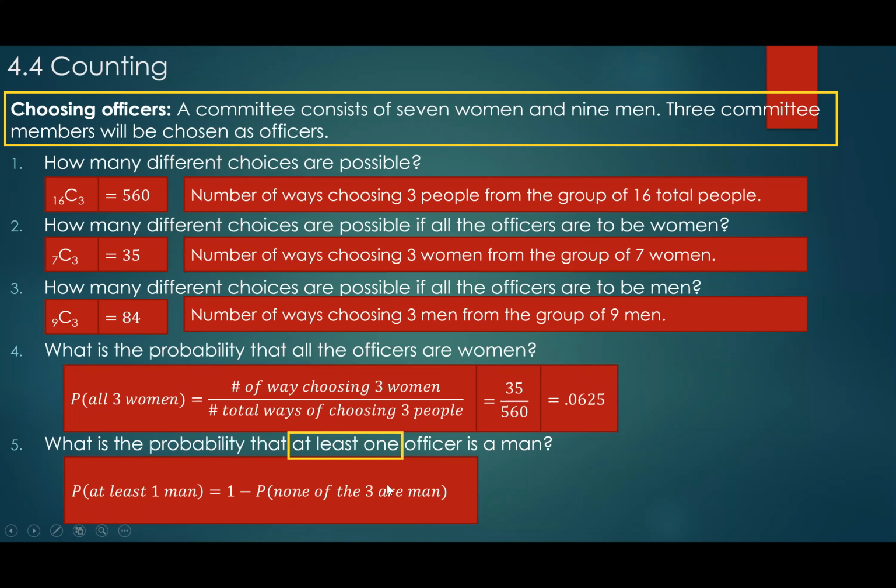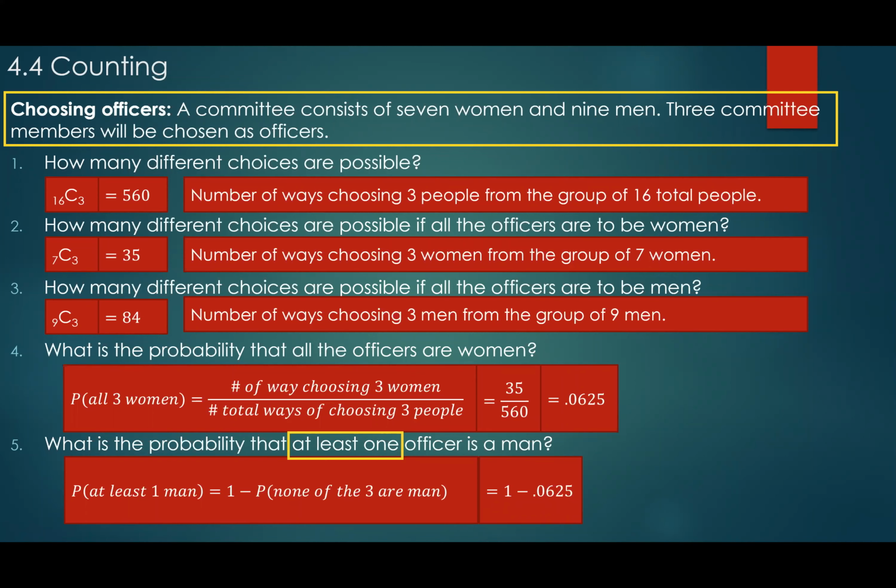So if we know this, as you can see, it builds up. We need 1 and 2 to do number 4, and then we need number 4 to do number 5, because how do I find at least one man? All I need to do is take 1, the total possibility, minus the probability that none of them are men. It's equivalent to say none of them are men, meaning all 3 of them are women.